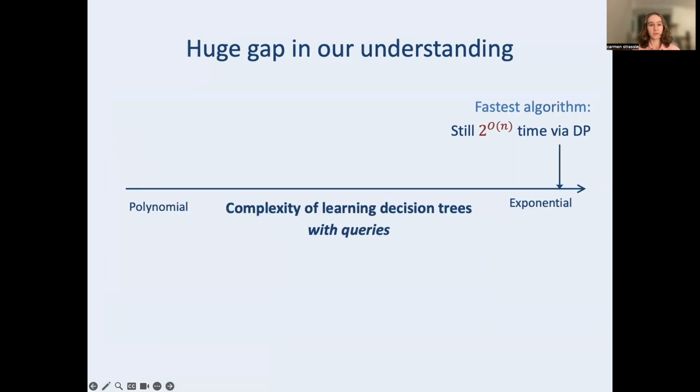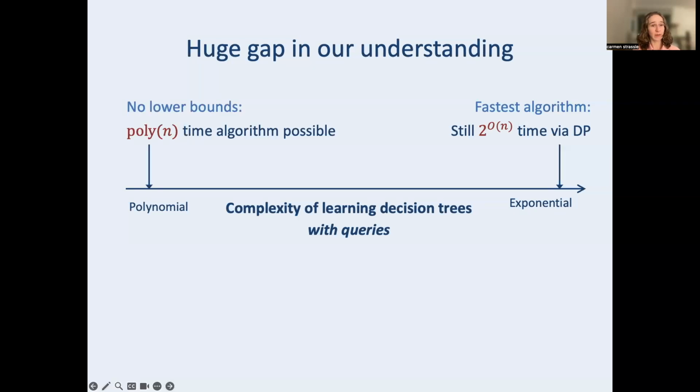So this turns out to be a great question for a couple of reasons. One is that it reveals a huge gap in our understanding. So what do we know in terms of upper bounds? Well, the fastest algorithm is still this exponential time algorithm that I showed you a few slides ago that just uses dynamic programming. Okay, what about lower bounds?